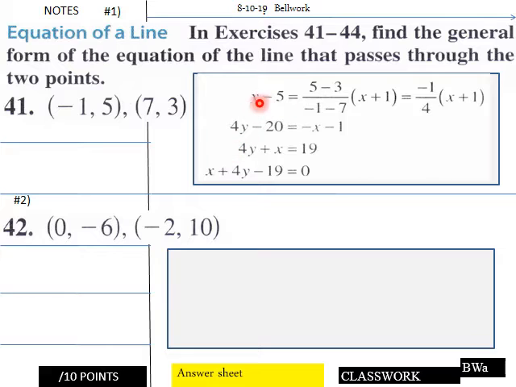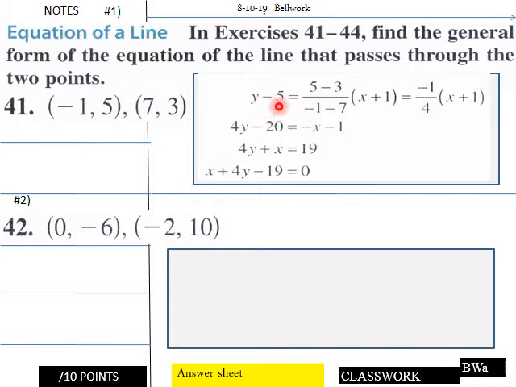So this would be y minus 5 equals our slope calculation here, 3 minus 5 over 7 minus a -1. Or rather, they're doing it the other way here, -1 minus 7 and 5 minus 3. Is the way they're figuring that.